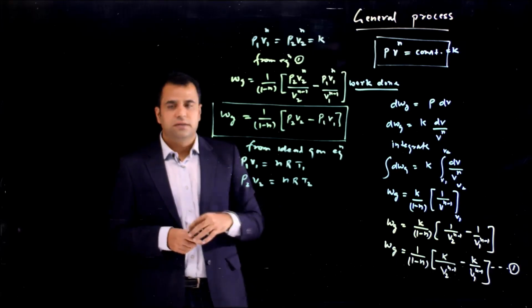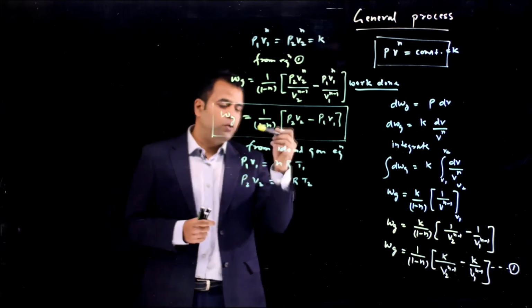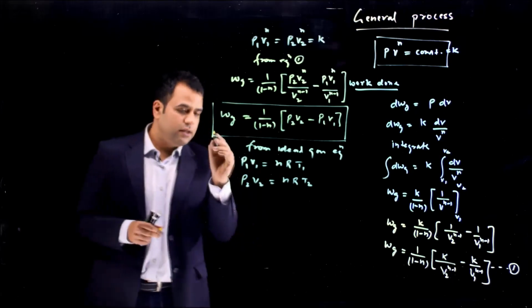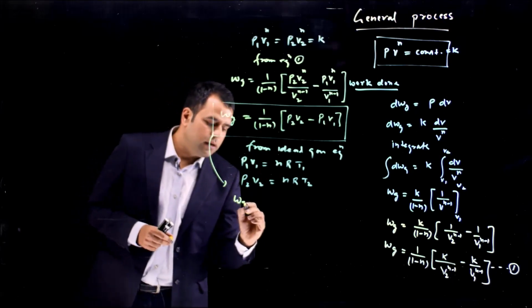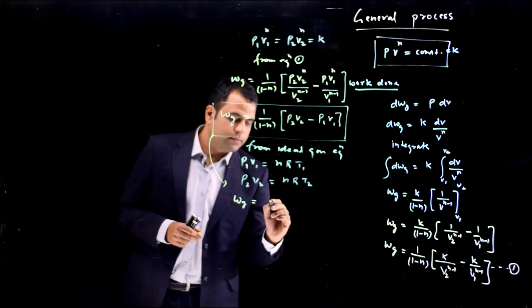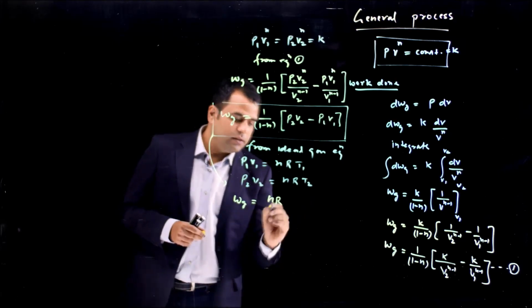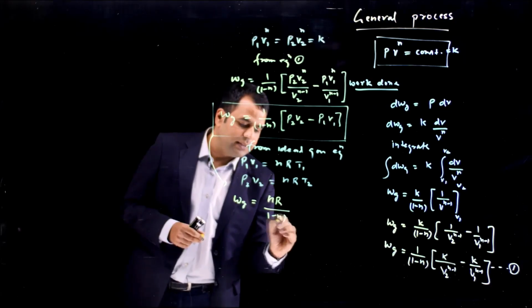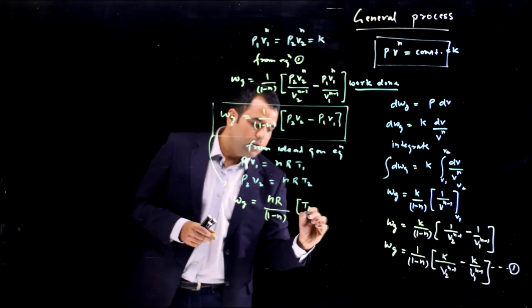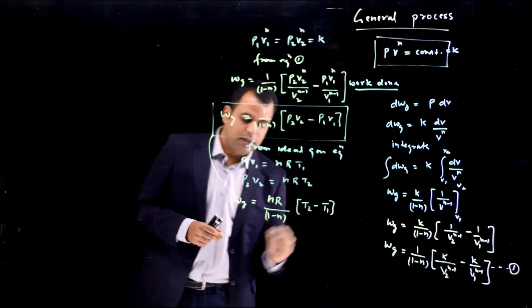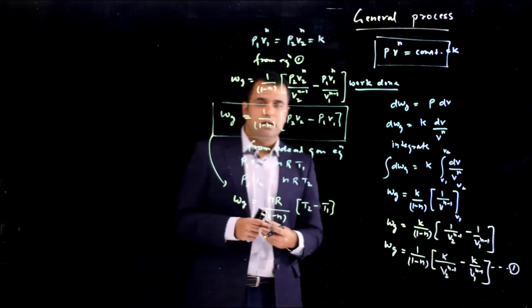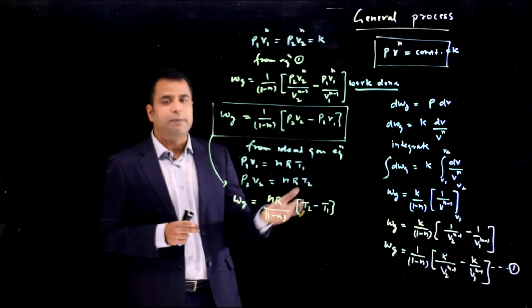If I replace the values of P2 V2 and P1 V1, we'll have Wg equals nR, taking common, divided by 1 minus n, times T2 minus T1. So this is the equation for the work done by gas in terms of temperature.